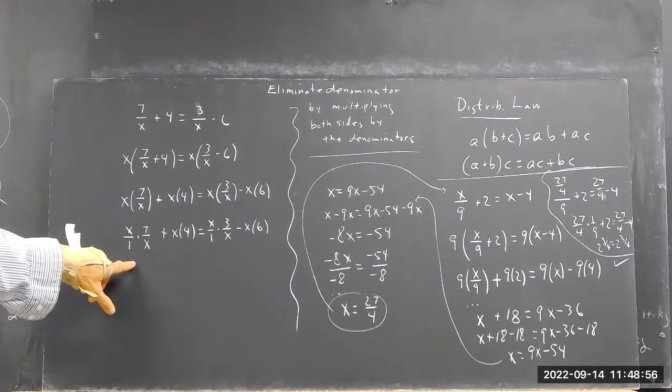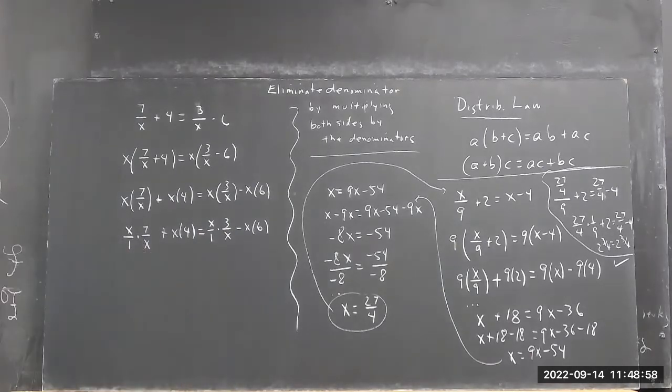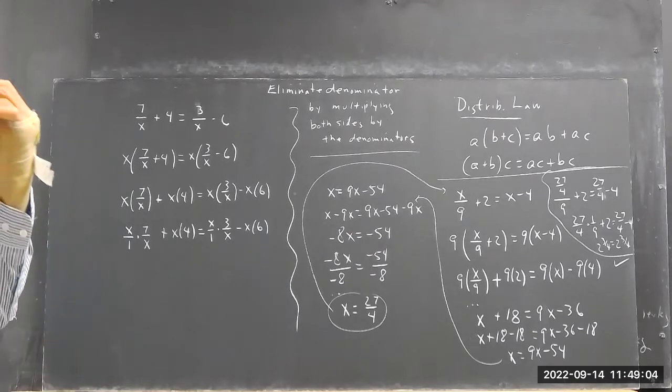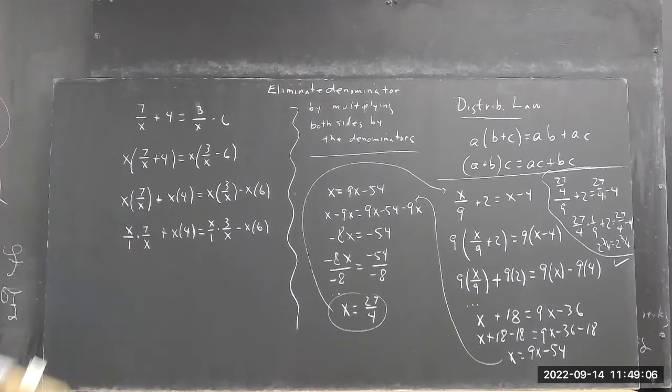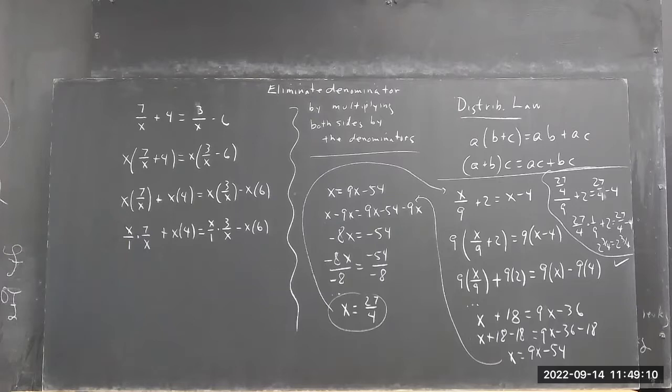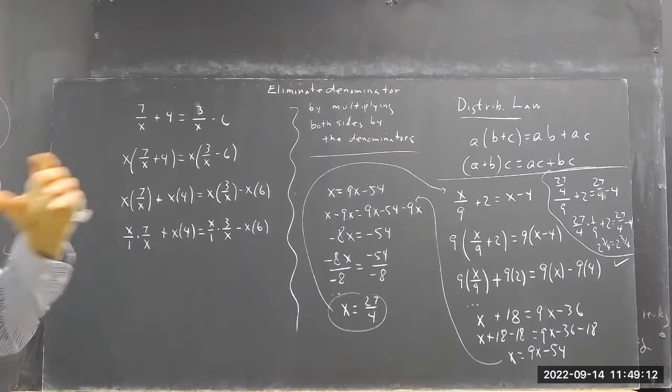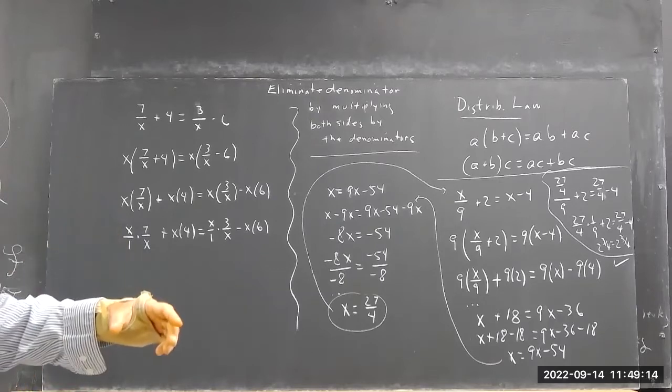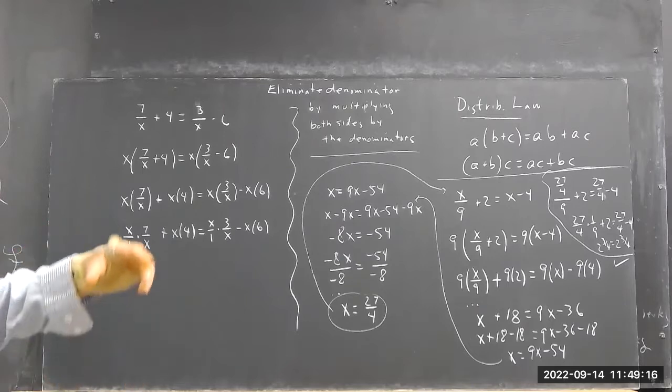Okay, there it is. Now, you had an early assignment on multiplying fractions. So we should understand that when you multiply fractions, you multiply the numerators and multiply the denominators. When you add fractions, you don't just add the numerators and add the denominators. You have to use the common denominator.